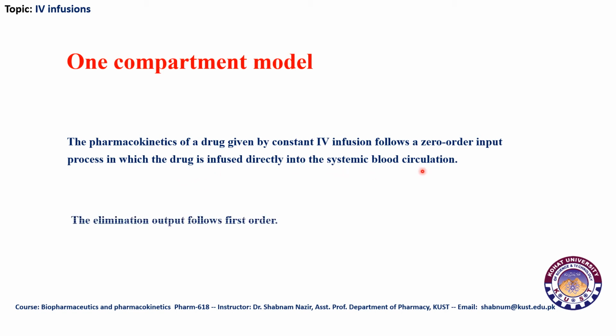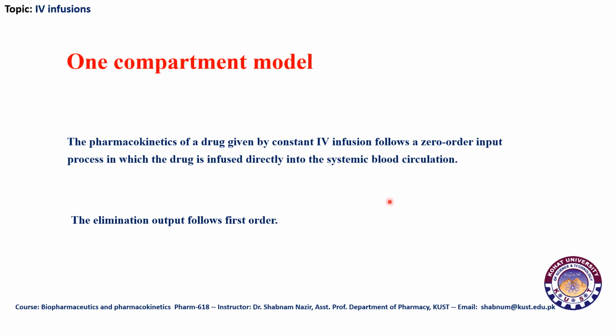The elimination output follows first order. Students, you know about zero order and first order as we already discussed them, but here I will shortly explain in order to understand it better.